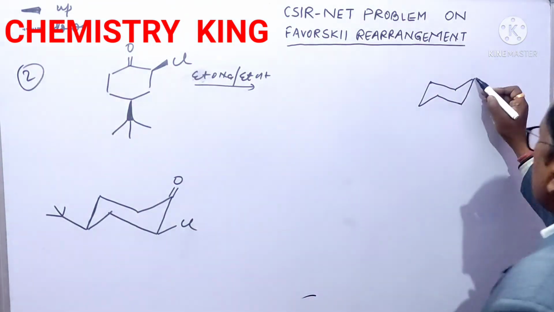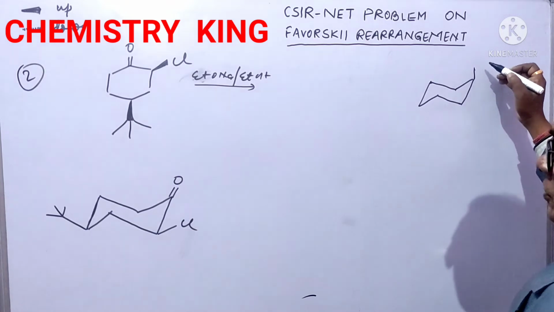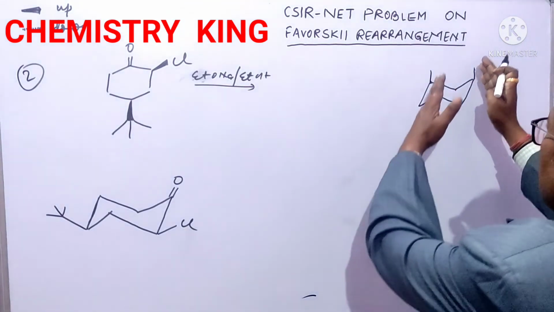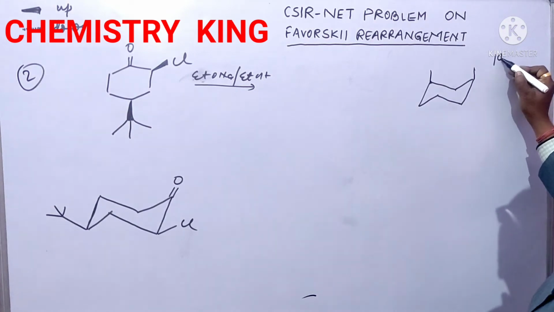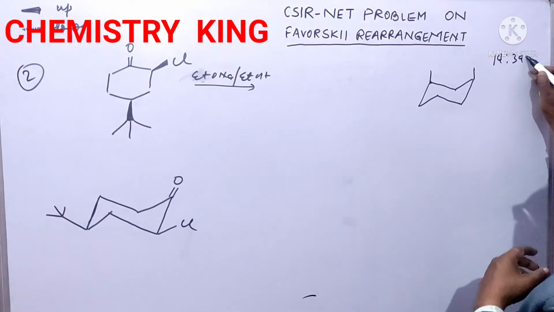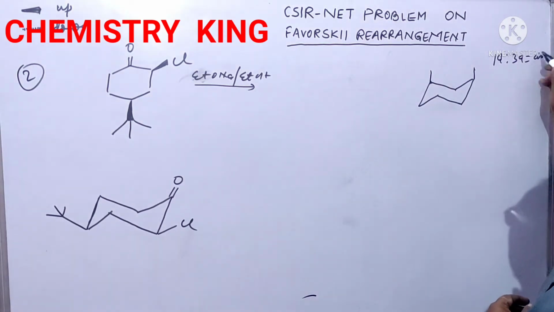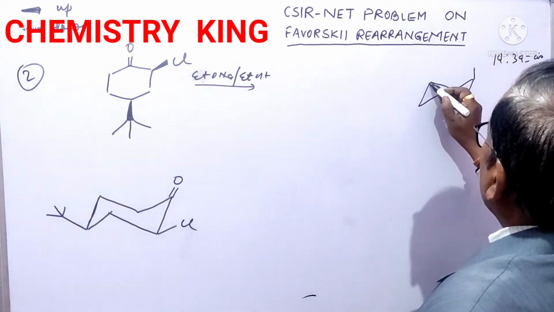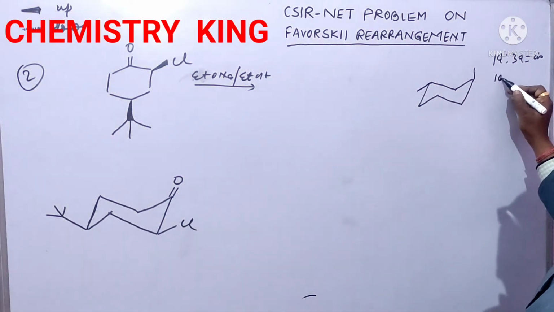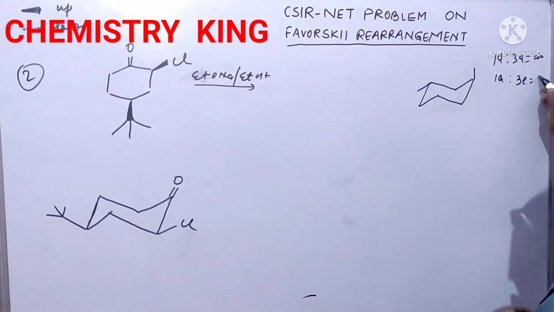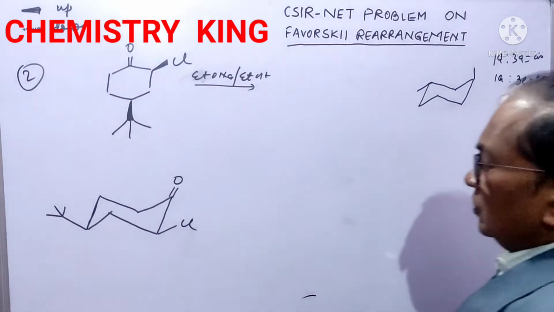Okay? Suppose it is 1 and it is 3, and these two are axial. Then 1A, 3A, same side, upside, will be cis. And 1A and 3E will be trans.